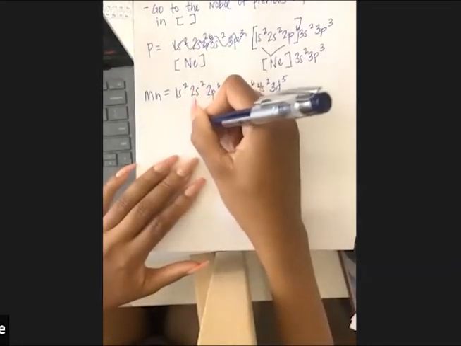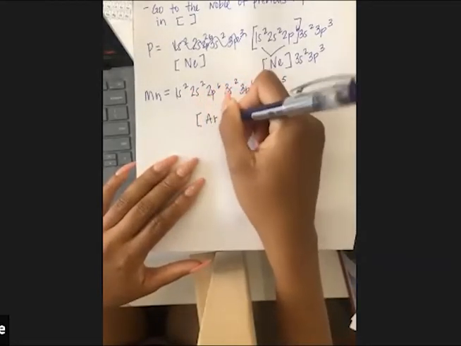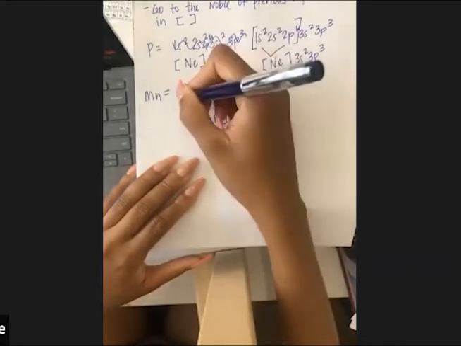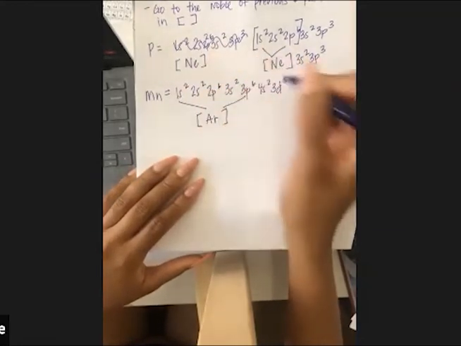Then if we look on the periodic table and we go back to the noble gas in the row above manganese, what's the noble gas in the row above manganese? Argon. Okay, it's argon. So that means I can write argon in brackets, and essentially all of this is argon.